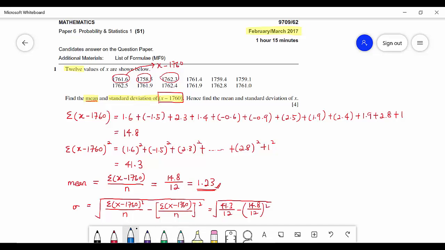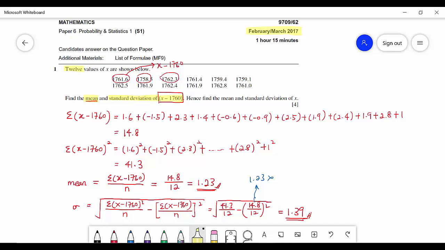So I would suggest for this value here, don't use the 1.23, because the 1.23 you already shortened the answer. So if you can, try to use the original values or maybe the fraction, to keep the answer to a higher level of accuracy. Okay, right. So if you press the calculator, for this value itself, you should get the standard deviation, which is 1.39.